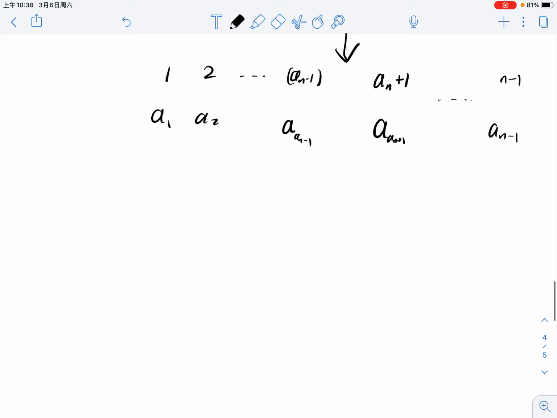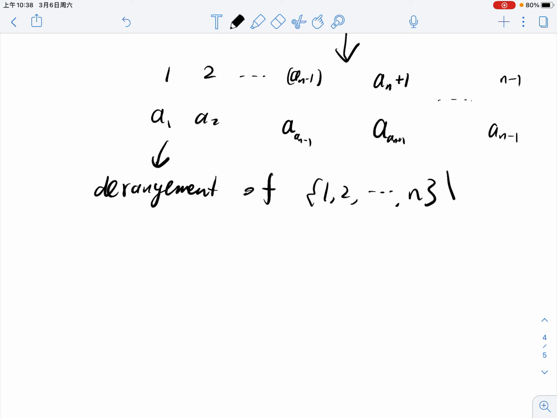And it's easy to see this is a derangement of 1, 2, 3 to n. Get rid of an and n.